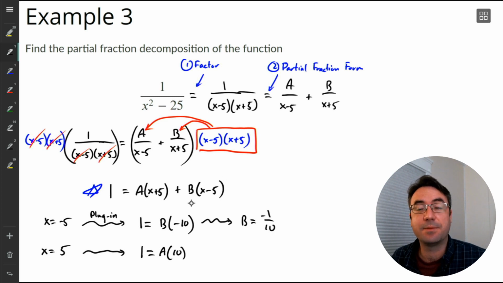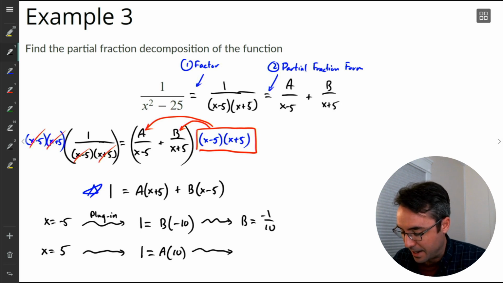So this whole second part is going to be just canceled off because it's just multiplication by 0. So when x is equal to 5, our equation simplifies down to 1 equal to a times 10. Just divide both sides by 10 to figure out a. So a is 1 over 10.